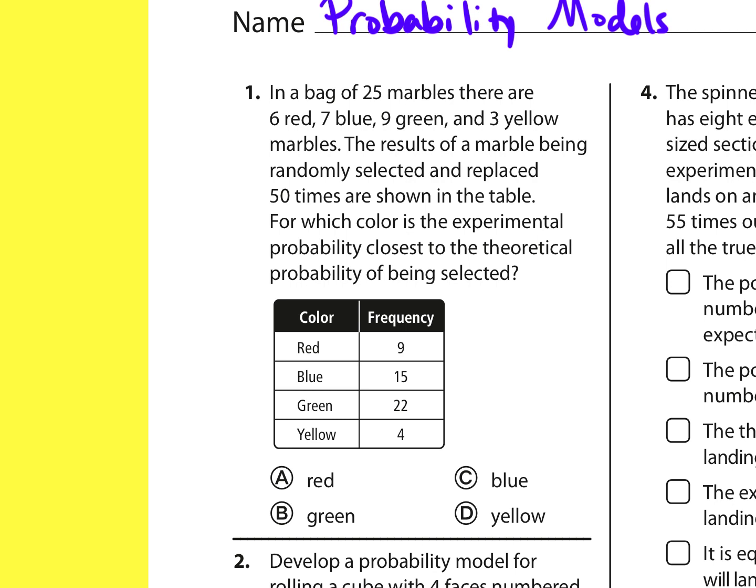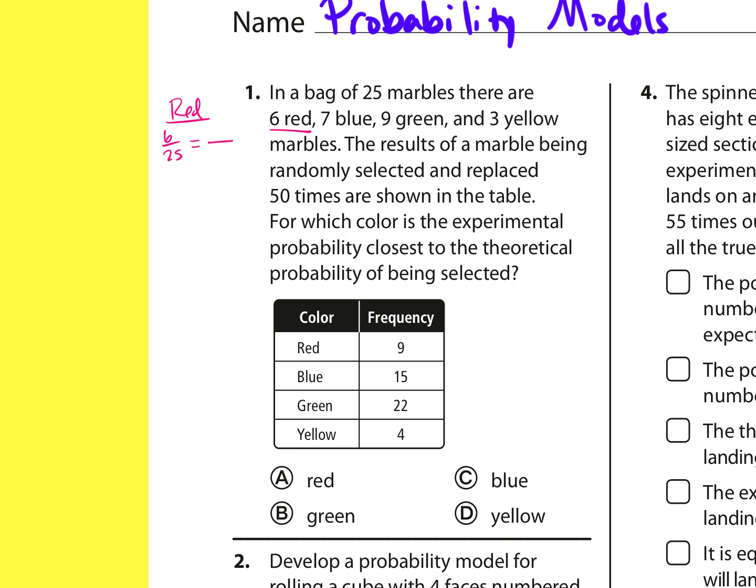Well, let's figure out what the theoretical probability would be for each of these. So I'm going to start with the 6 red and say, okay, for these red marbles, 6 out of 25, because this was 25 marbles here in the sample, are red.